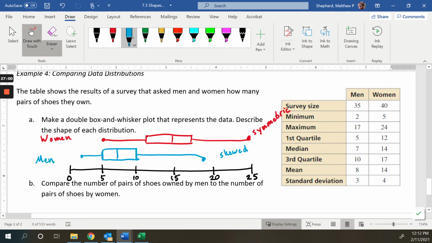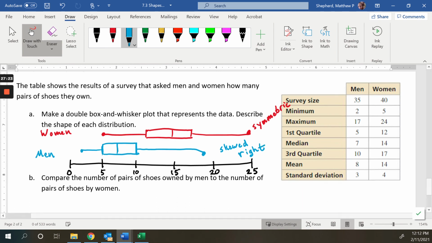So men don't tend to be here in that upper range, but we do have a few there. So we've got a few, not necessarily outliers, but similar to that idea. They're very spread out, and there's not many of them as you start getting to those higher numbers. So this is skewed to the right.